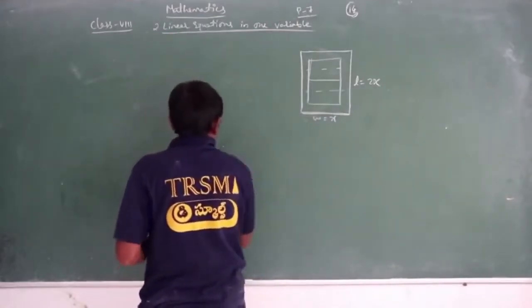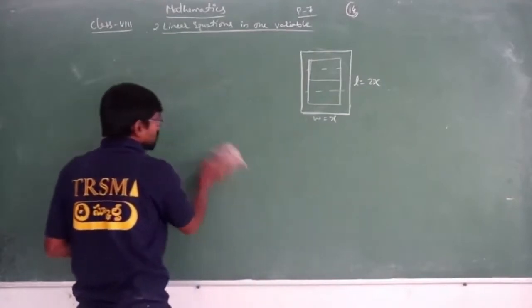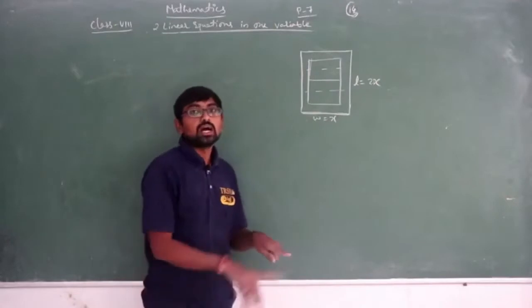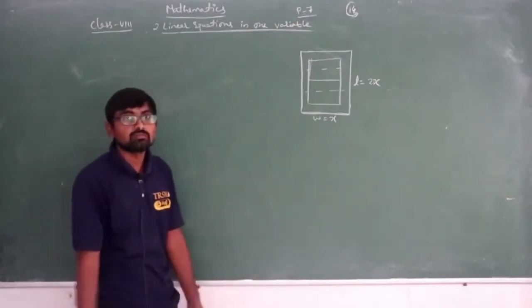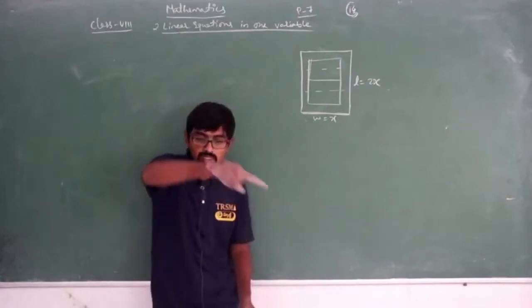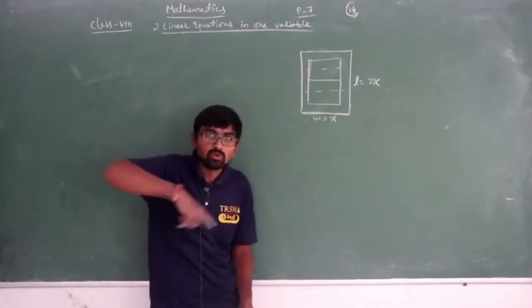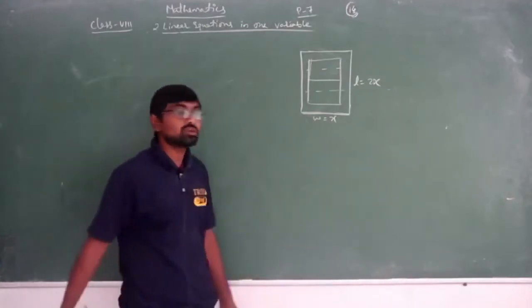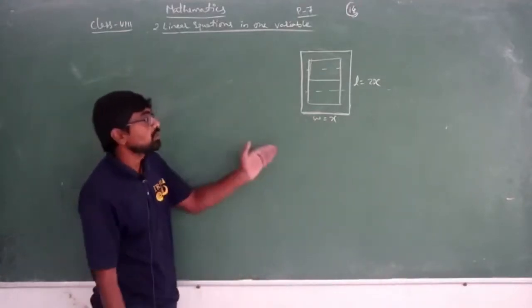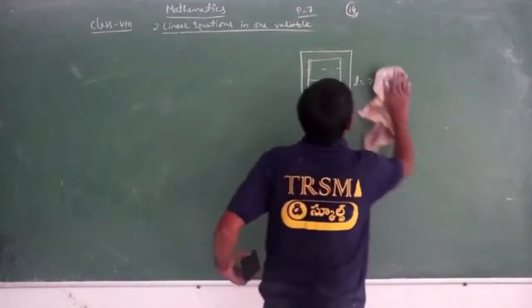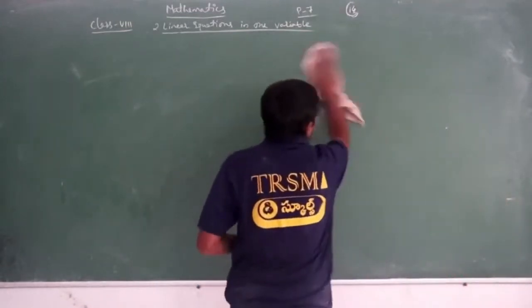Volleyball court, kabaddi court, football court, these all are in rectangular form, not cricket. Cricket ground is in circular or oval form. So a volleyball court will always be in rectangular form only.